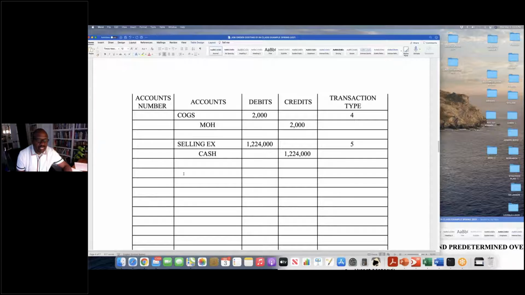And then the administrative expenses were what? $1 million.